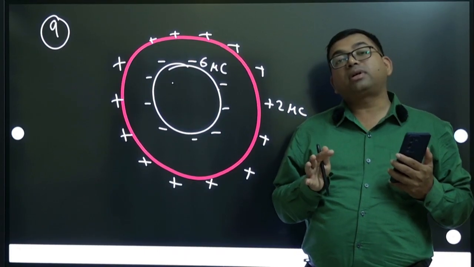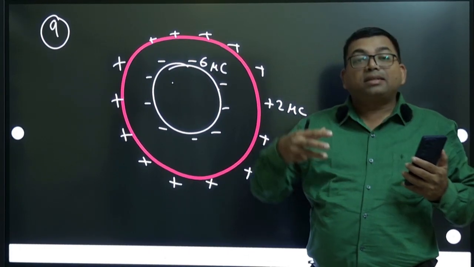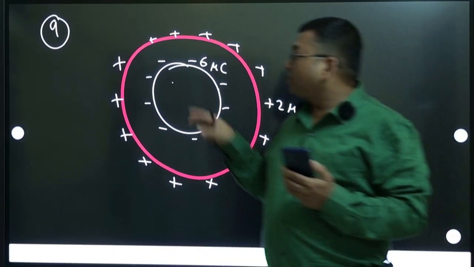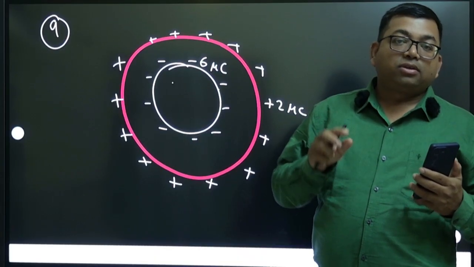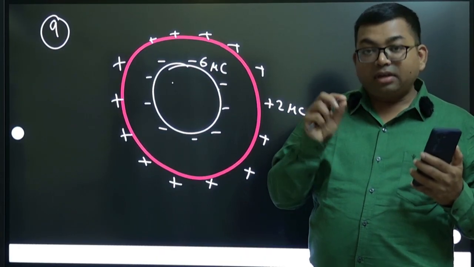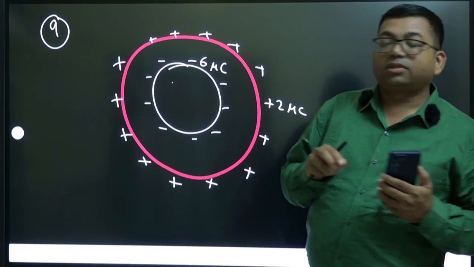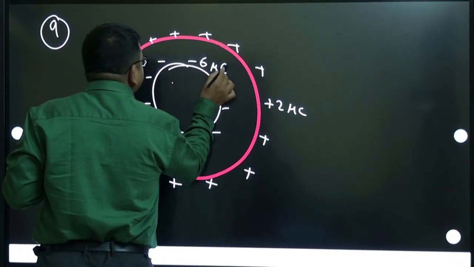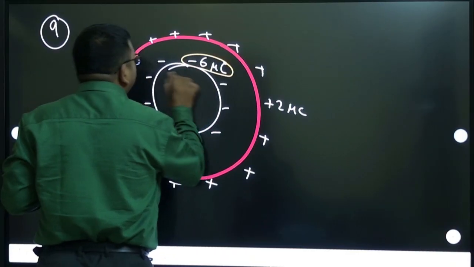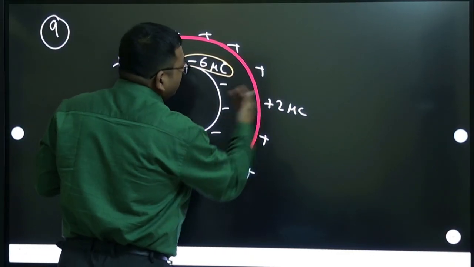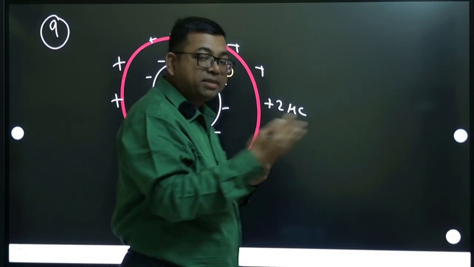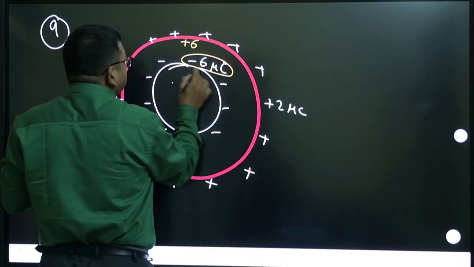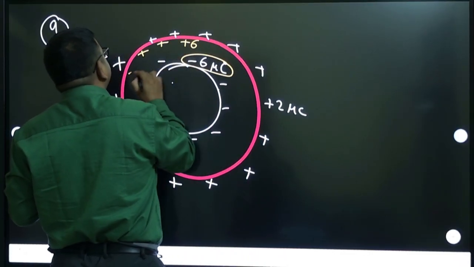Even if it is a hollow conductor, there cannot be any charge on the inner surface. So the charge on the inner body is only on the outer surface. So this -6 microcoulomb will be on the outer surface. Now due to induction, you have to write +6, because in induction plus and minus happen. So if this is minus, here will be +6.